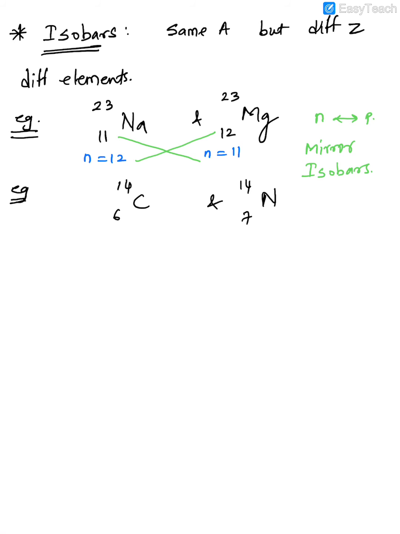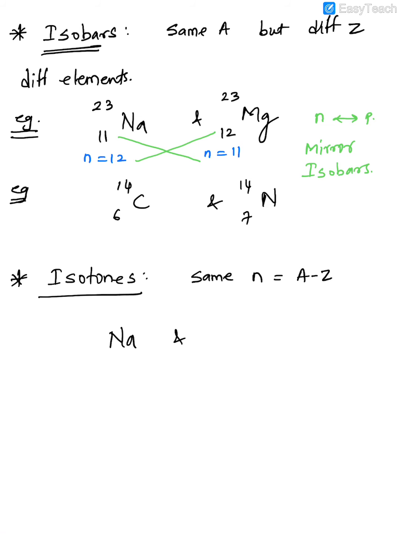Now the next one, the last type, is called isotones. Isotones are very simple to understand. Isotones are those atoms which have the same number of neutrons. Basically, if the difference of A and Z is the same, they are called isotones. An example is again sodium and magnesium. Sodium is 23, 11, correct?